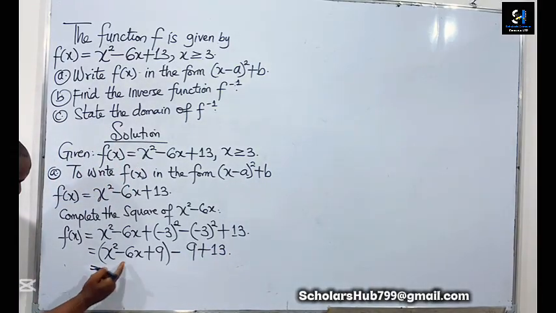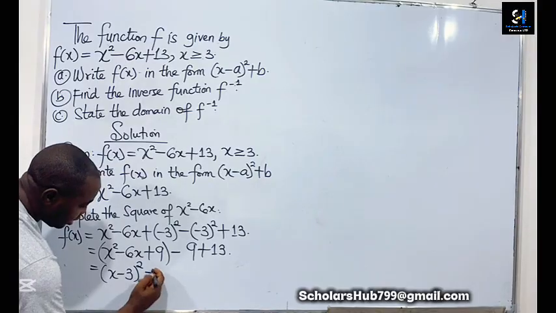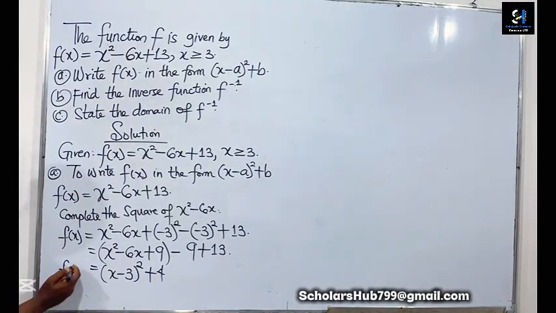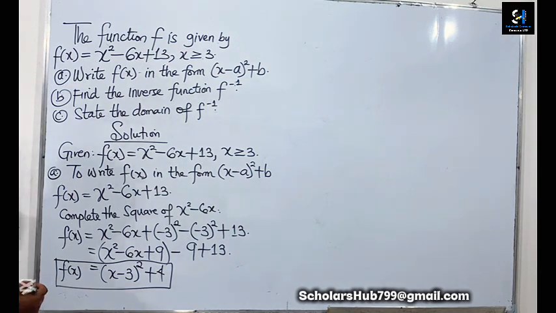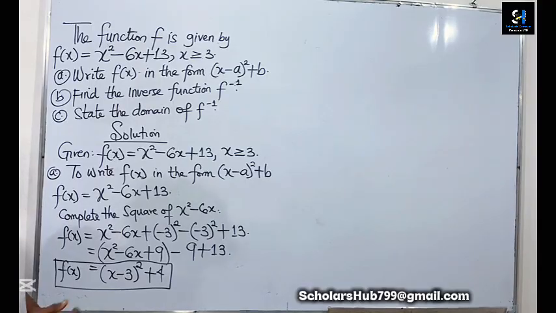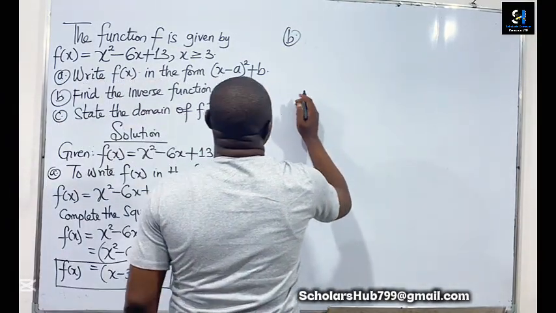This is a complete square, because this is the same as (x minus 3) raised to the power of 2. Then minus 9 plus 13 is 4. So the function f of x in its vertex form is f of x equals (x minus 3) raised to the power of 2, plus 4.